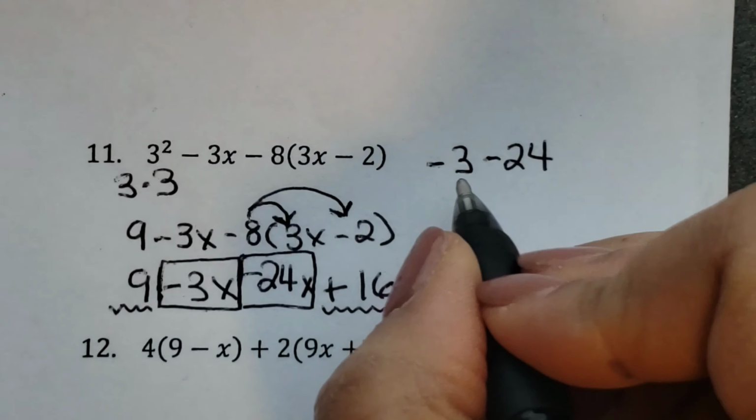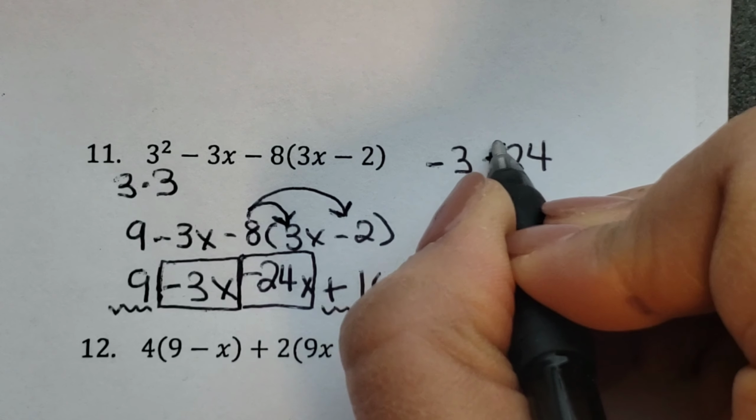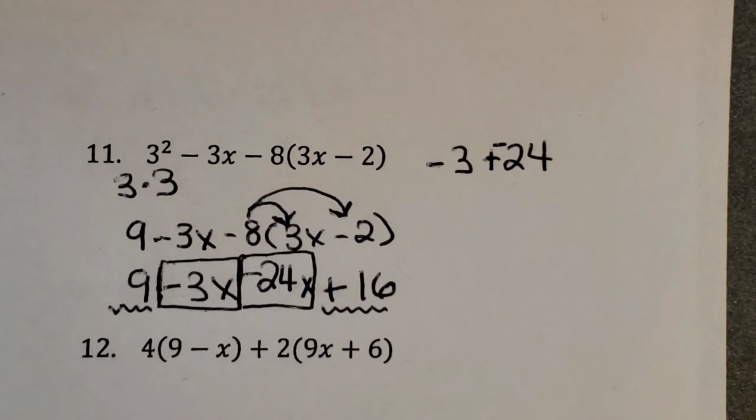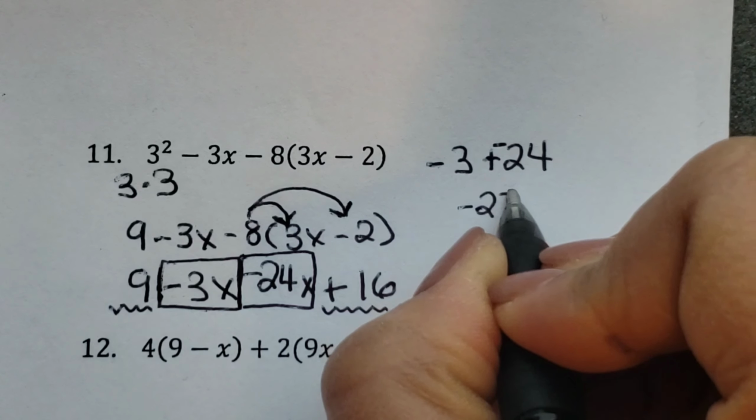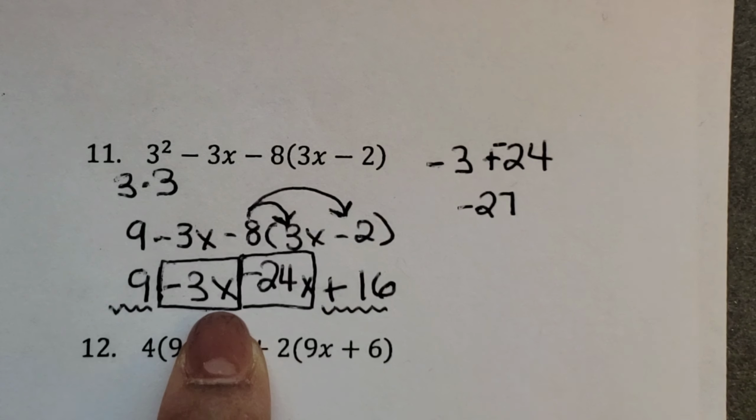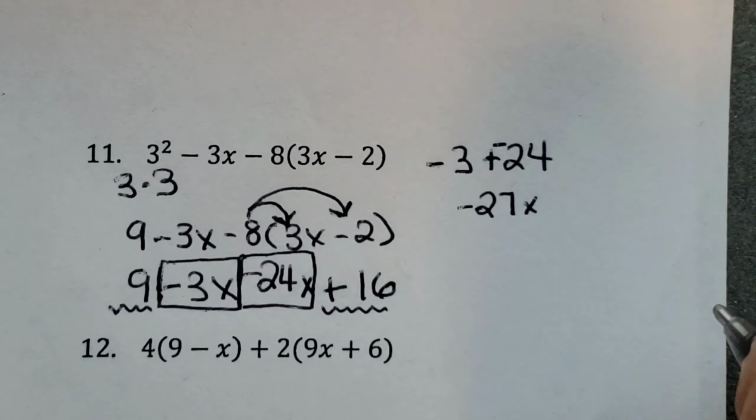Now remember, I'm going to keep, change, that to a negative 24. So really, negative 3 plus negative 24 is the operation that we're doing, and it's going to give us a negative 27. Now with that, x was hanging out, so negative 27x.